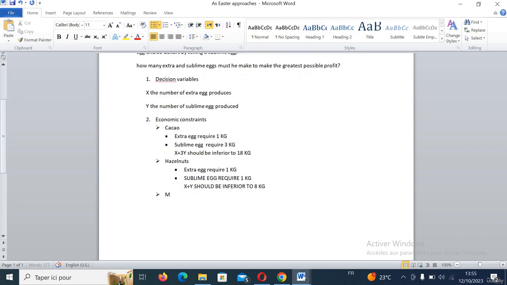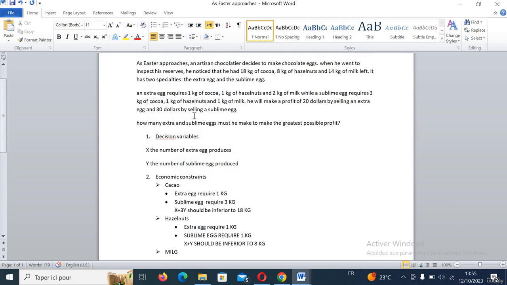So for the milk, the extra egg requires 2 kilograms of milk, and one sublime egg requires 1 kilogram.